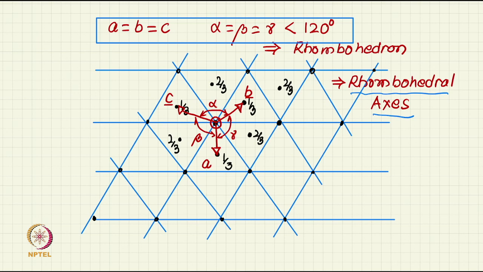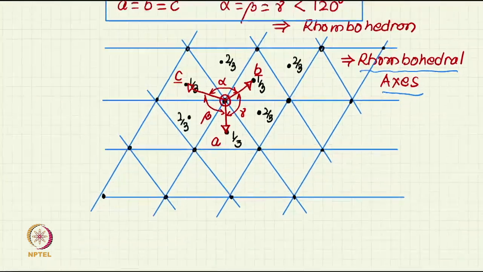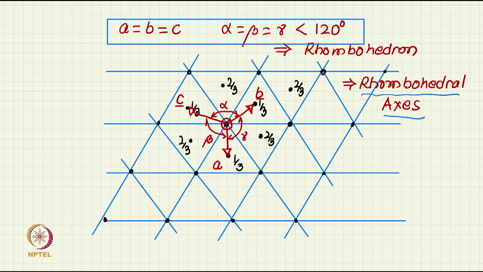If you so wish, you can show this in 3 dimensions, but I do not want to venture into that. I leave it to your imagination what you will be getting here. So, if these 2 vectors, for example, you join, you will reach the next level 2/3.